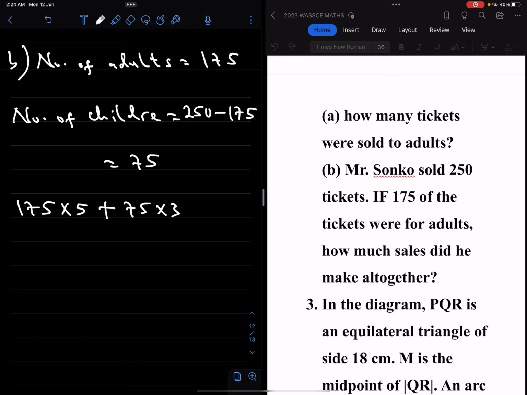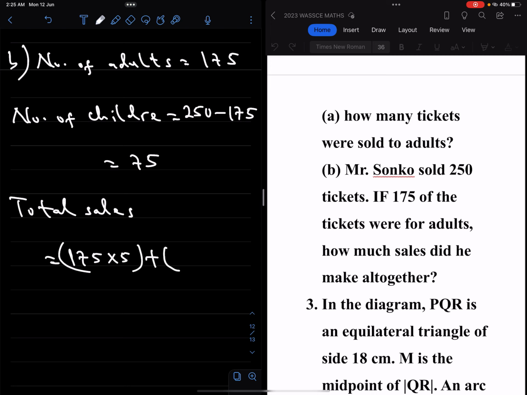I think I should write how much sales did he make altogether. Total sales is now going to be equal to 175 times 5 plus 75 times 3.